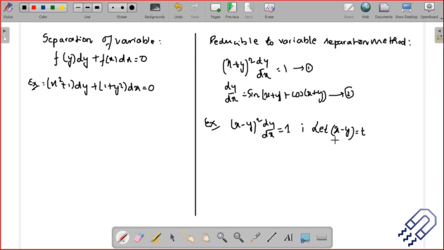So what you need is dy dx. You can take d dx of x, which is 1, d dx of y is dy dx, and d dx of t is dt dx. Now what do I need? I need dy dx, so I'll just take dy dx.